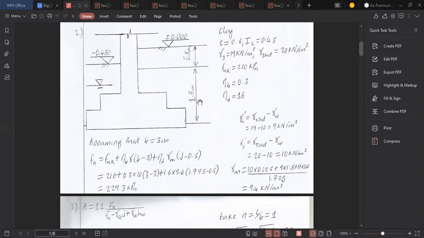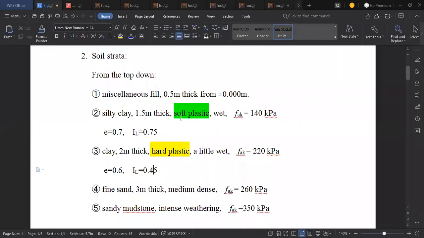Consider that after 1 meter from the surface there's a water table. So 0.5 of the second layer is dry, on top of the water table. So for that one, the gamma is 20. The second layer is 1.5 thick. So from the first layer, this is 0.5 times 20, that is gamma.